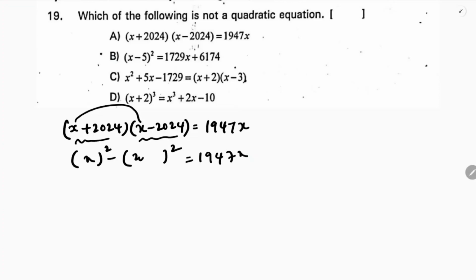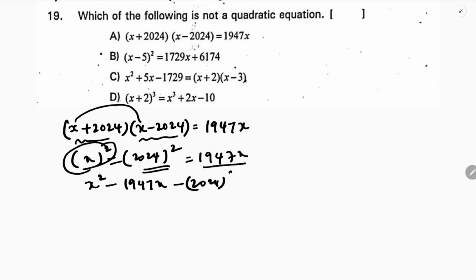We have x square in the equation because there is no other x square to cancel it. So x square minus 1947x minus 2024 square equals 0. Here the degree is 2. It is a quadratic equation. Next one.